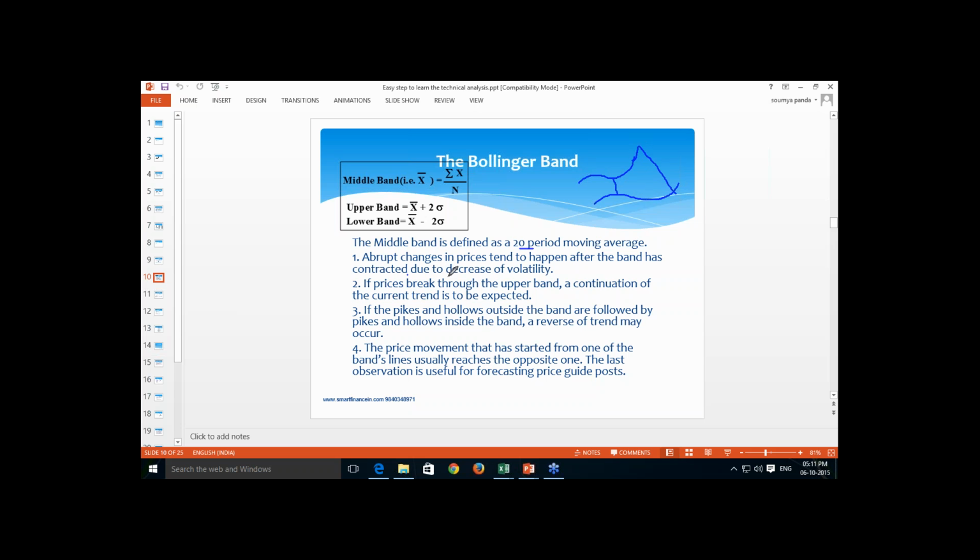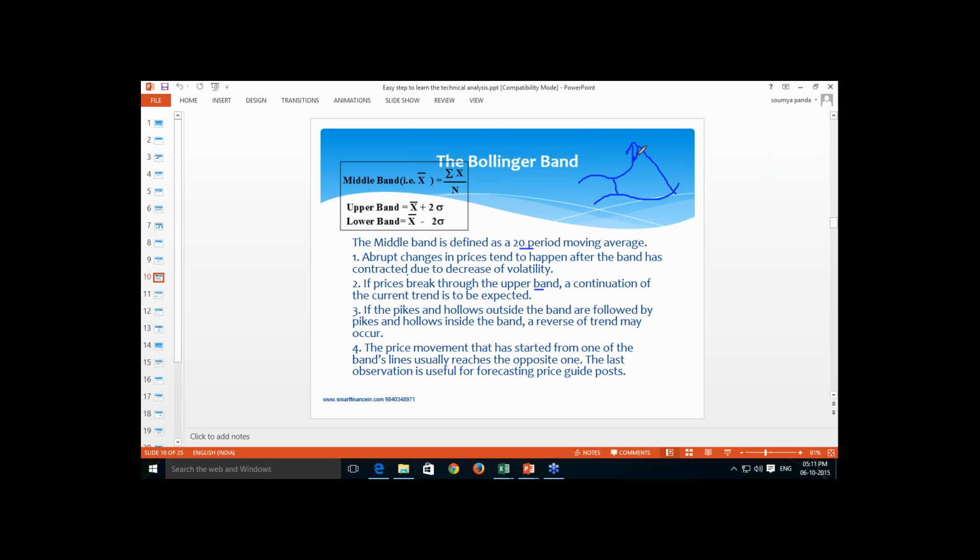The second rule he has given: if the price breaks through the upper band, a continuation of the current trend is to be expected. If the price moves above the upper band, then the uptrend is going to continue. If the peaks and troughs outside the band are followed by peaks and troughs inside the band, a reversal of trend may occur.